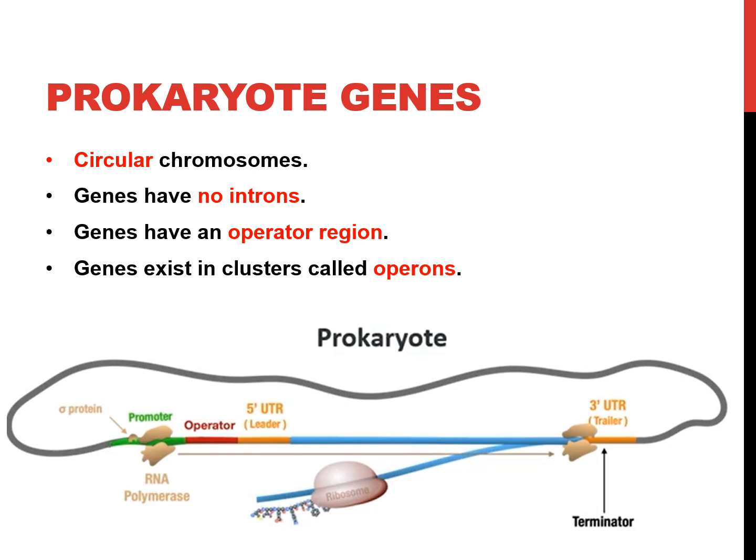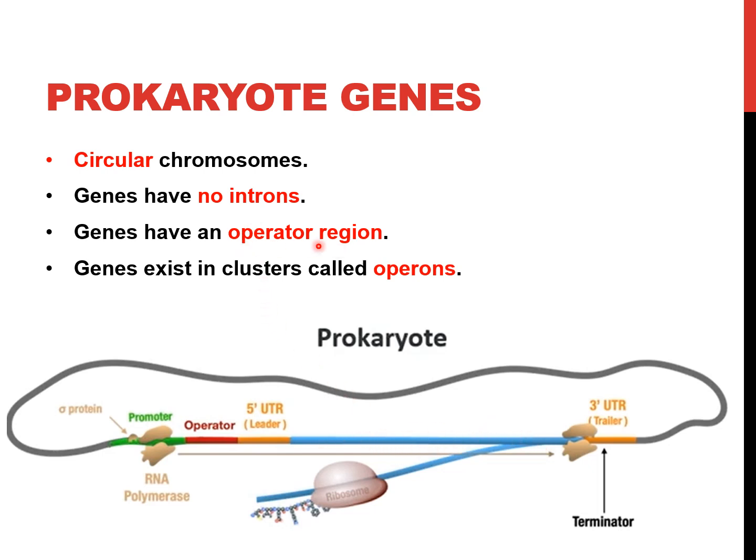Awesome. So we'll take a step back and we'll look back at our genes, okay? And just remembering our prokaryotic genes are, of course, circular chromosomes. All right, they're not linear like our eukaryotes. This blue section here are, of course, our structural genes or our genes. Normally that would be introns and exons, but in this case it's no introns. So only expressed genes are going to be here, okay?